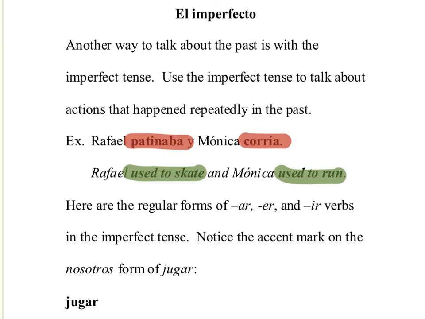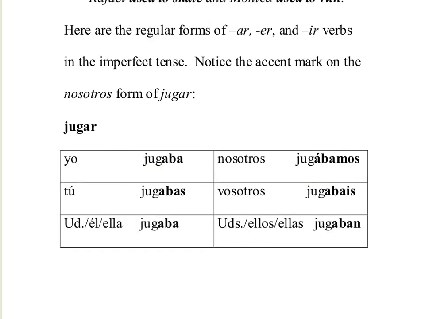Here are the regular forms of AR, ER, and IR verbs in the imperfect tense. Notice the accent mark on the nosotros form of jugar. Let's look at the verb jugar, which means to play.